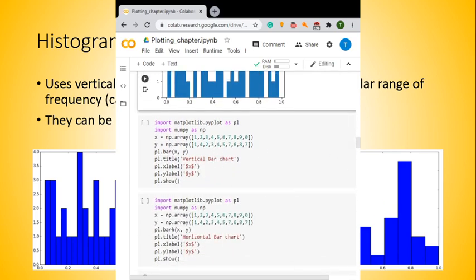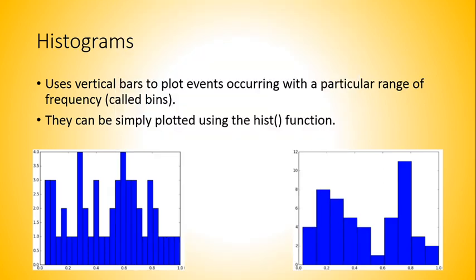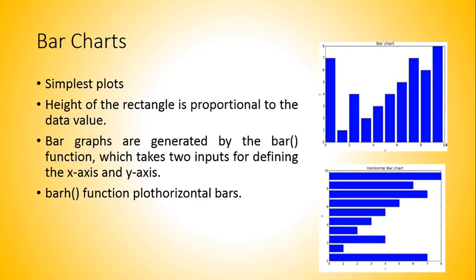Okay, moving further to our next slide, that is bar charts. Bar charts are similar to histograms, but still they are different, as you all know. It is one of the simplest plots that employs rectangular bars, horizontally or vertically, where the height of the rectangle is proportional to the data value.